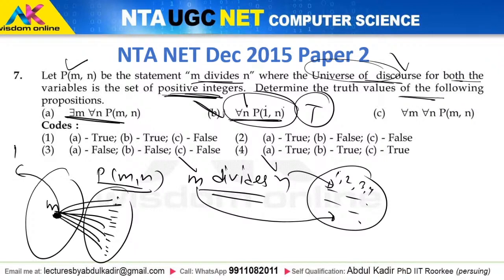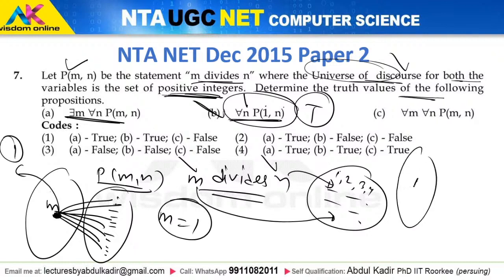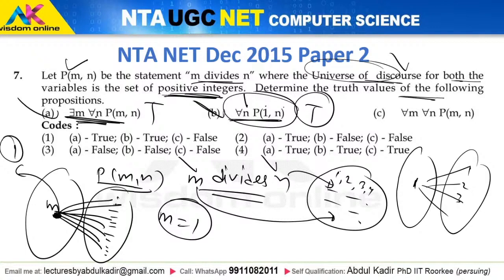Because you can take this m to be 1, and 1 will divide everything. So this statement is saying there exists m for all n, m divides n. There is at least one element, and that element you can take as 1. So this is also true.